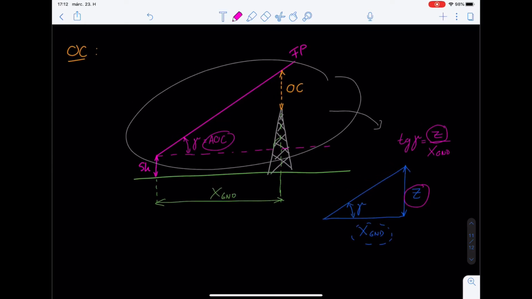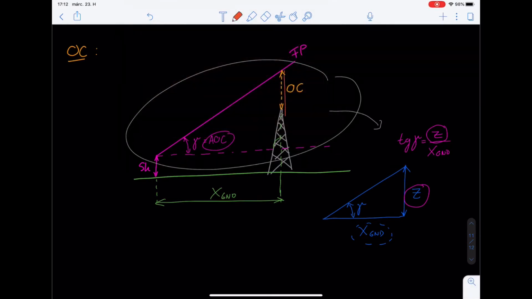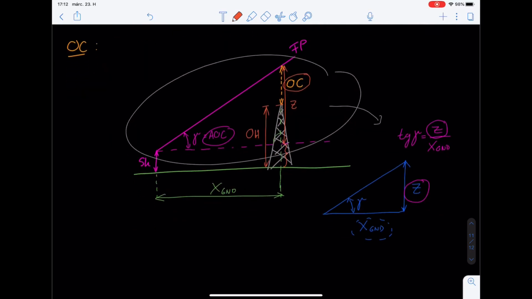And if I know the z, so basically this distance right over here, and if I add the screen height, I can calculate the difference between the obstacle height, OH, and the flight path, and that will be my obstacle clearance. Right, so, oh, sorry.